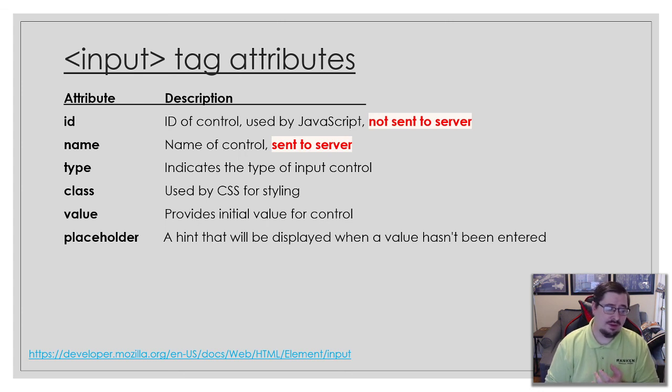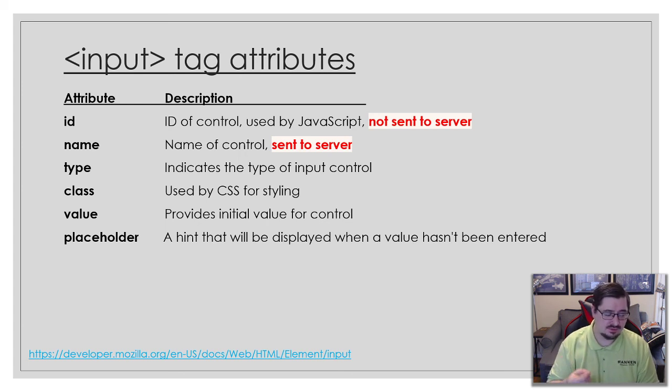The name, on the other hand, is sent to the server. The name of the control is sent to the server. Now, the ID does have to be unique in the page. The name does not. Okay, the ID of the control does have to be unique within the page.